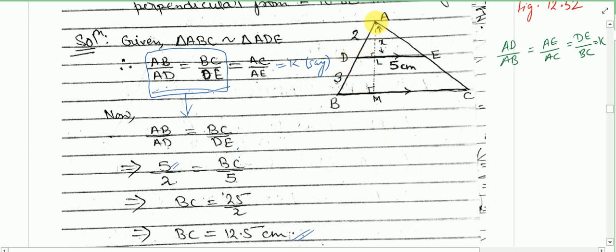Once you join A and M, you are getting one triangle like this, where this is A, this is B, this is M, this is 90, this is 90, this is parallel to this, this is 2, this is 3, this is L. So you can see there is one triangle ABM, where DL is parallel to BM.